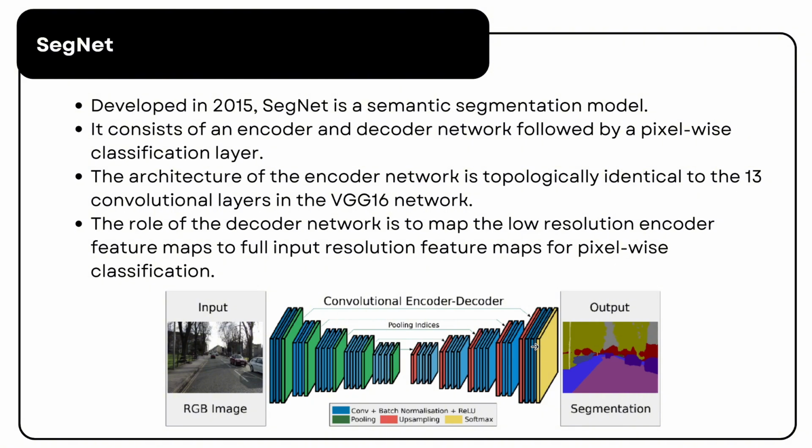Finally, once the full resolution feature map is obtained from the decoder, SegNet applies a pixel-wise classification layer that assigns a class to each pixel, resulting in the segmented output you see on the right here. So overall, SegNet balances accuracy and memory efficiency, making it suitable for applications like road scene understanding in self-driving cars and medical imaging.